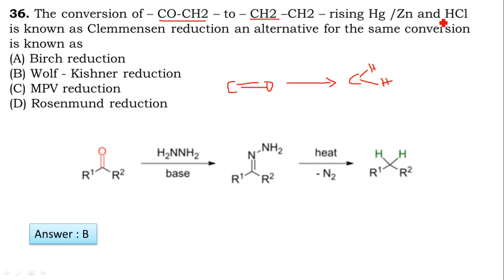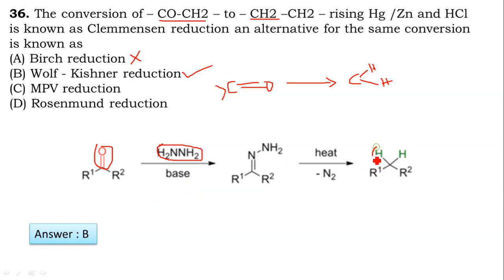The alternative for the same conversion is known as, here you see Birch reduction was ruled out because we cannot convert a C double bond O to CH2. And Wolff-Kishner reduction was the correct answer, where you use C double bond O with the reagent hydrazine in the presence of a base, and you will get CH2.